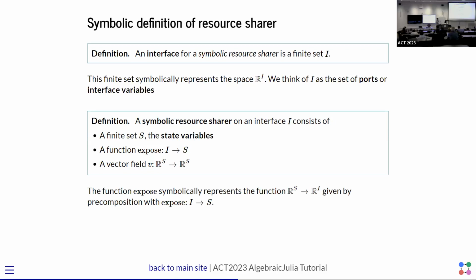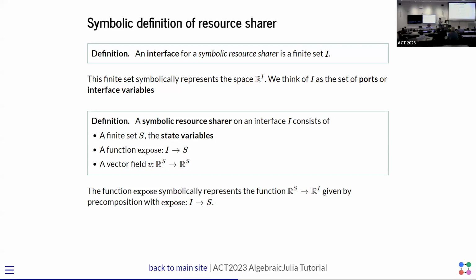At least there are maybe all sorts of ways one could think of getting to a more concrete representation, but we're going to be working with maybe the simplest one, where we're going to look at Euclidean spaces. So now for us, an interface is just going to be a finite set, and we're going to think of the elements of that set as being ports or as interface variables, and then this finite set is a symbolic or combinatorial representation of the Euclidean space R^I.